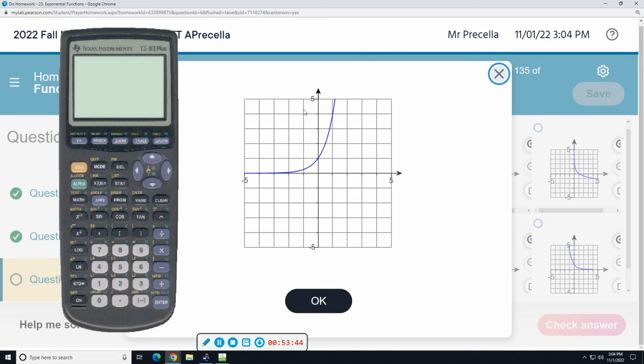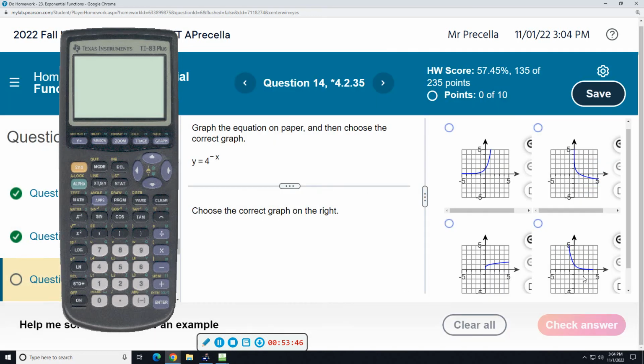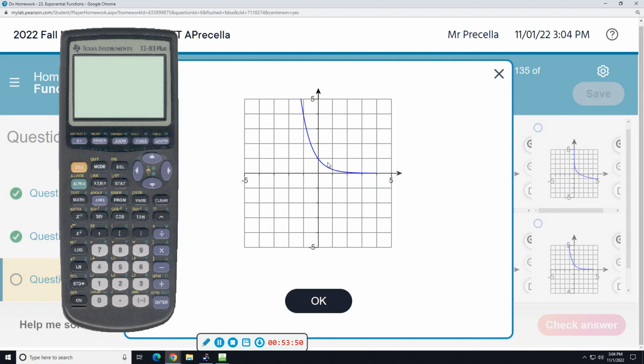Oh, it's D. Is it D? I'm thinking it is D. It's passing through (0, 1), and then left 1, up 1, 2, 3, 4. I think this is the graph.